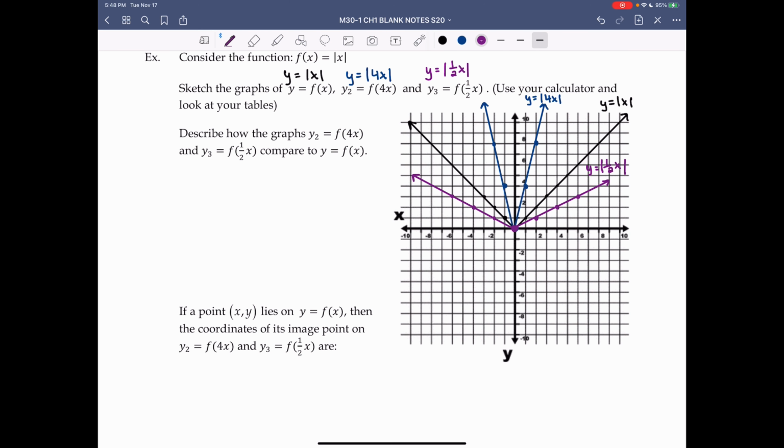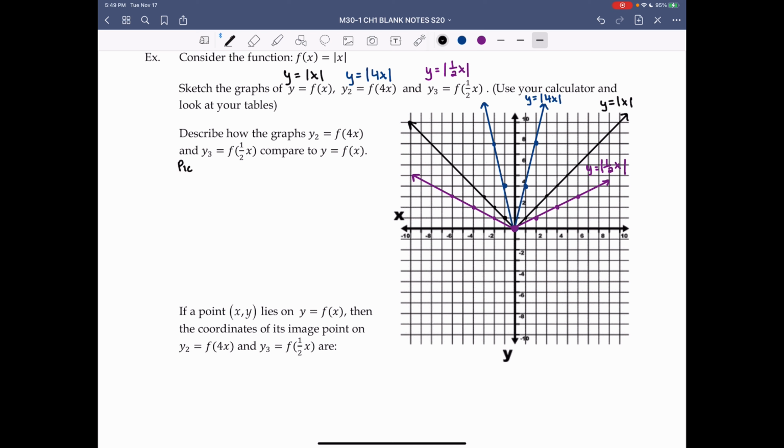Describe how the graphs y2 equals f of 4x and y3 equals f of 1/2 x compare to f of x. We can see that y equals absolute value of 4x is narrower than y equals absolute value of x, and y equals absolute value of 1/2 x is wider than the absolute value of x.